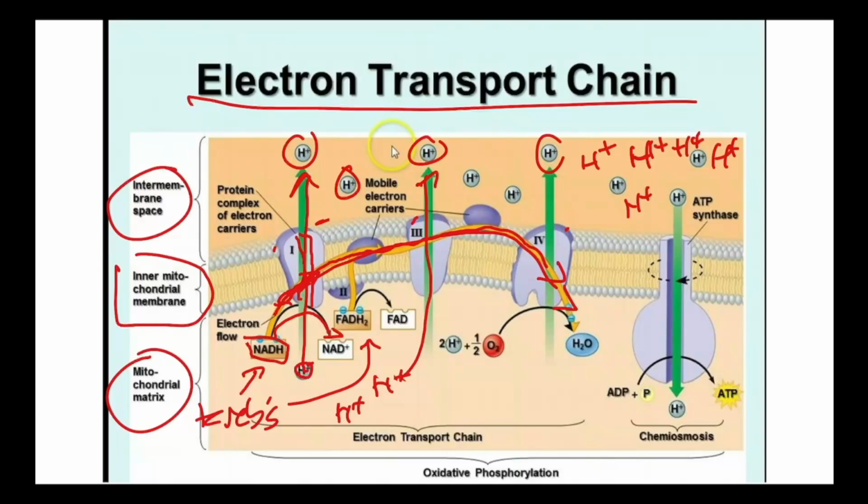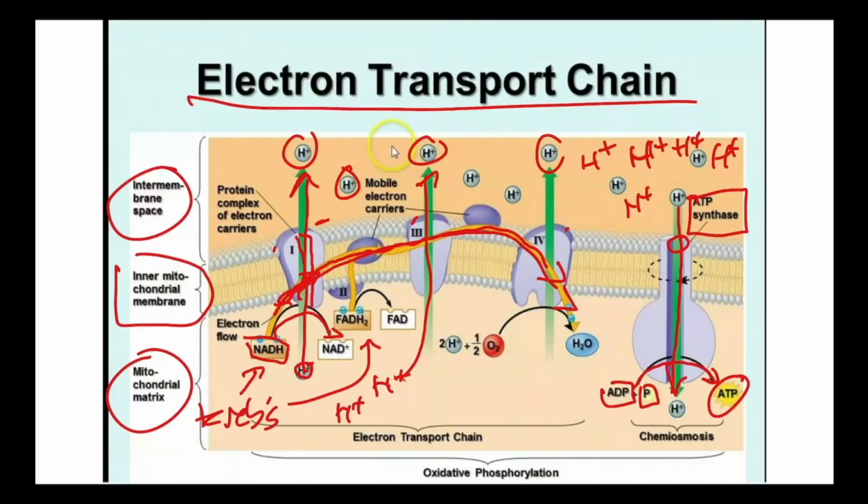And just like the photosynthetic electron transport chain, all we need to do is make one opening so that the protons can only go through that one opening. And that opening happens to be ATP synthase, which takes ADP and phosphate, slams them together to make adenosine triphosphate. A ton of ATP.